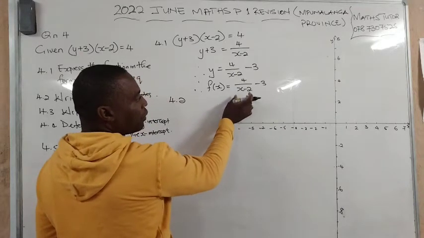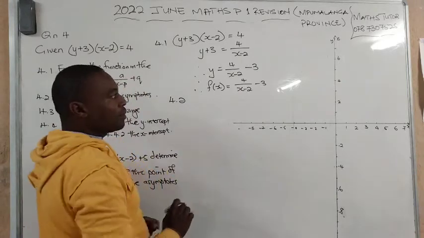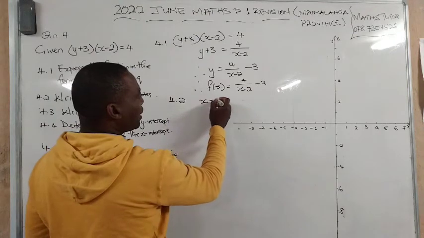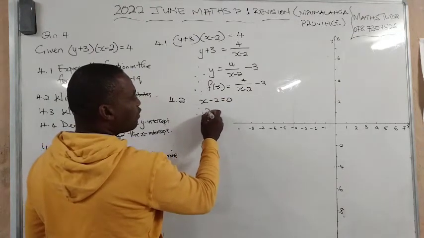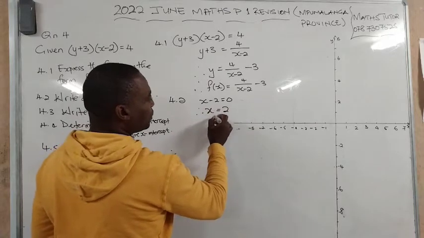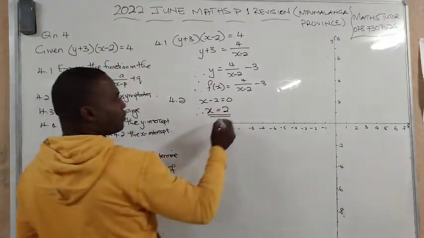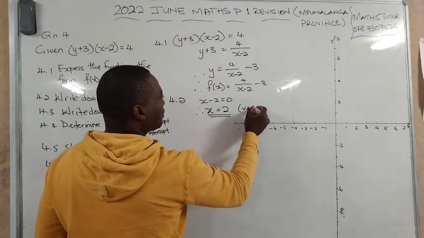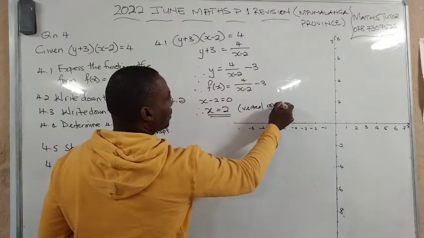We know that when x minus 2 is equal to 0, f of x will not be defined. So x minus 2 equals 0, therefore x will be equal to 2. So when x is 2, f of x will not be defined. And that is the vertical asymptote.